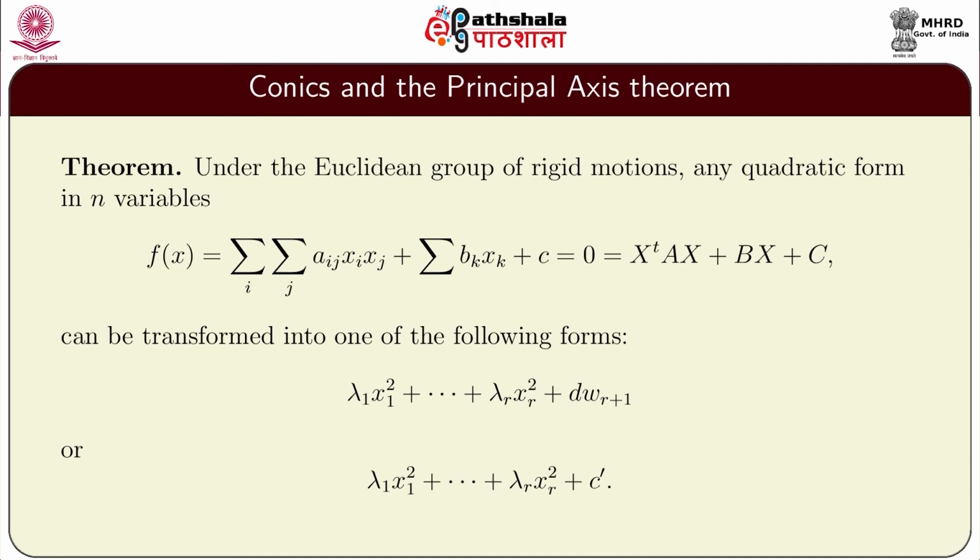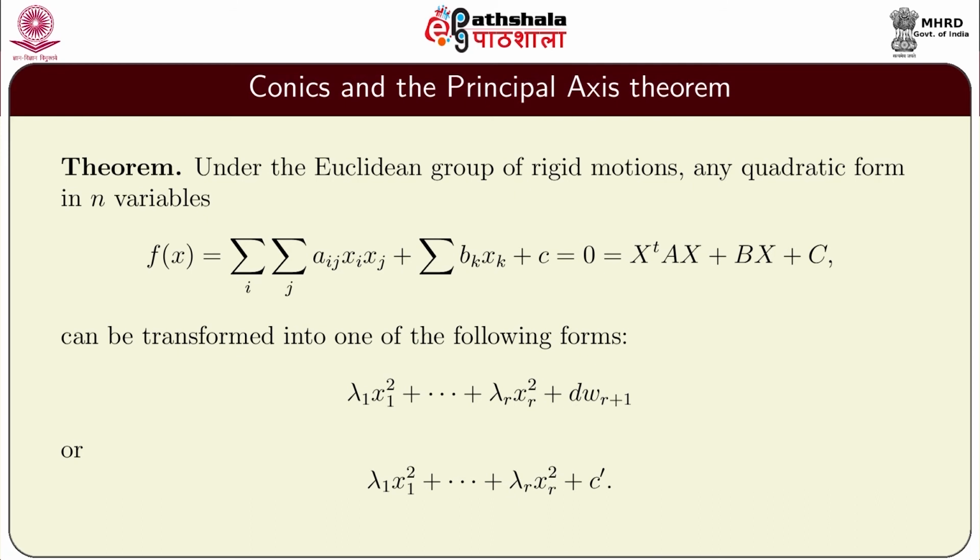You can see that all the terms where the monomials xi xj for i not equal to j appear have disappeared now.